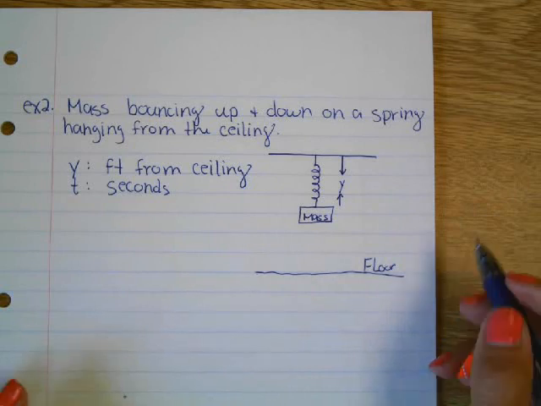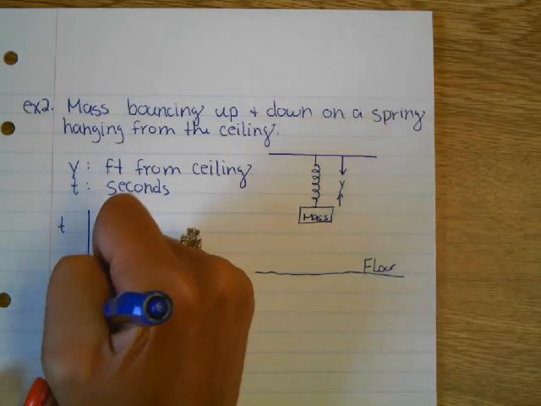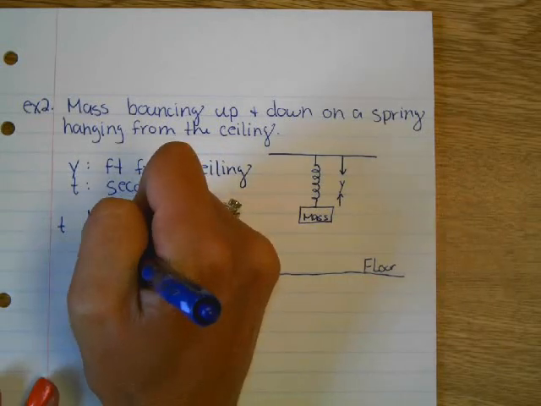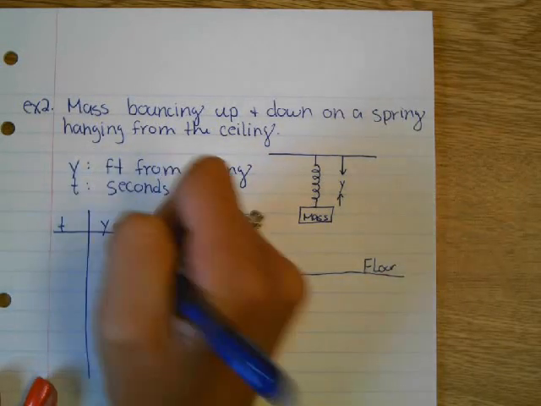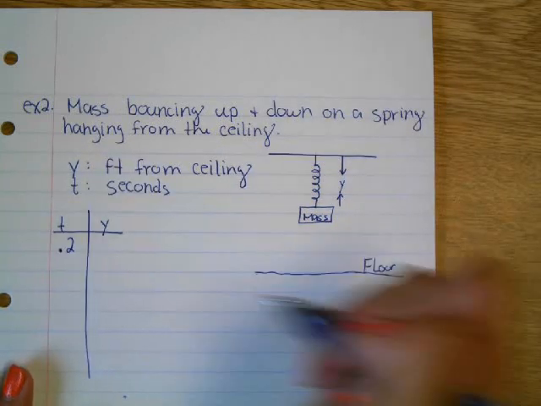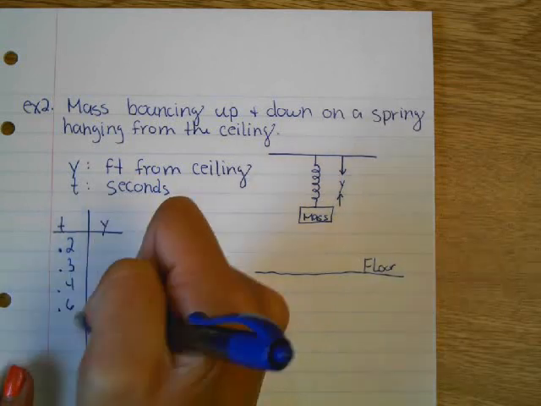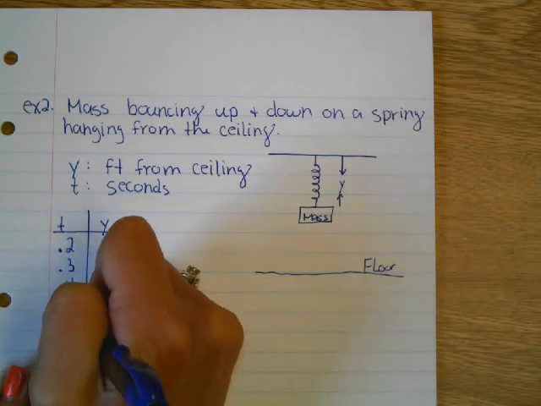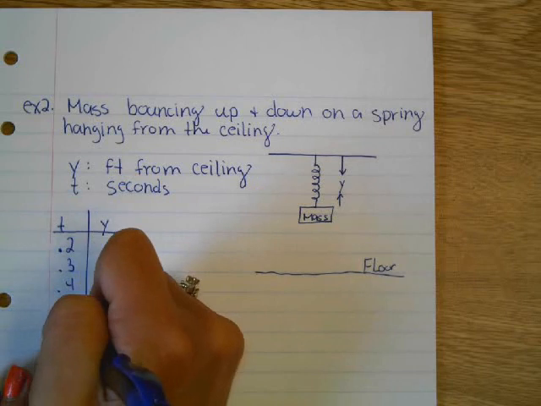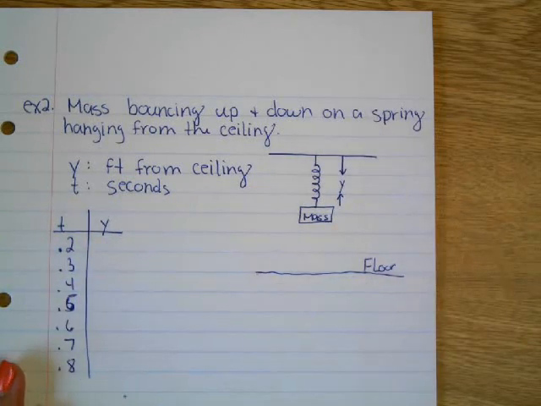Okay, so here's our table of points. Time, and y is the distance from the ceiling in feet. So we're going to start this at 0.2 seconds after it was released, then 0.3, 0.4, 0.5, 0.6, 0.7, 0.8.